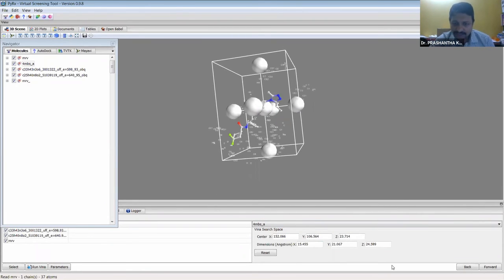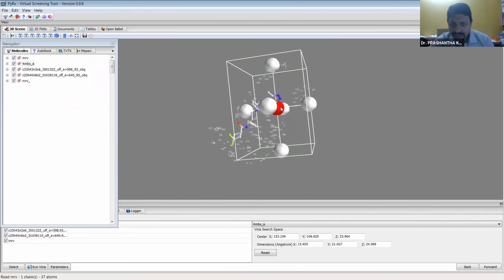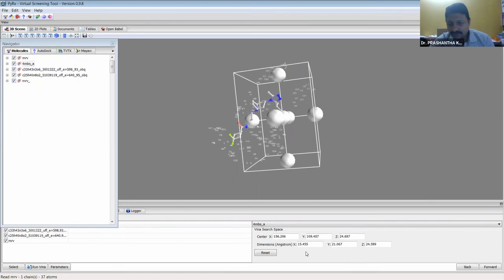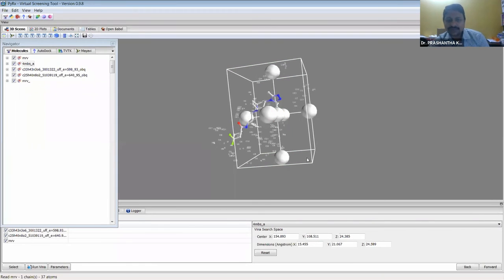When you drag the x-axis, the grid box moved like this. When you drag the y-axis, the y-axis moved like this. When you drag the z-axis, the z-axis moved like this.